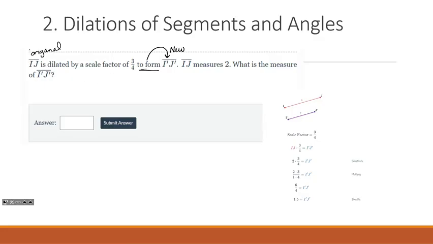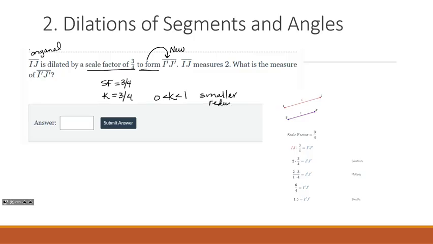Now, if the original is being dilated by a scale factor of 3/4, which means that your K is 3/4, and if K is less than 1 but greater than 0, it's going to become smaller, or it's going to reduce.